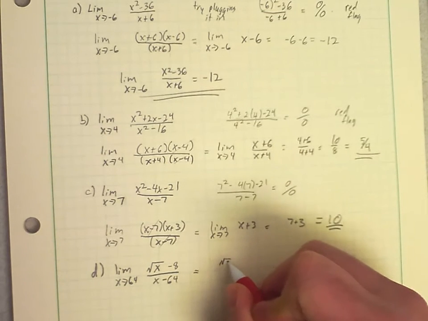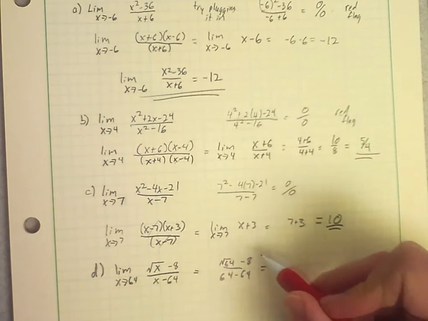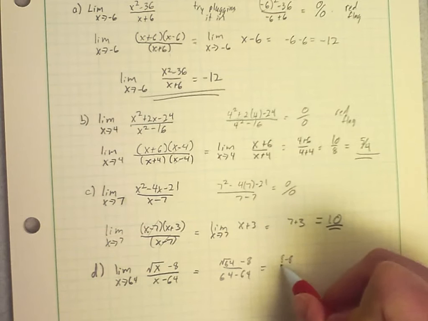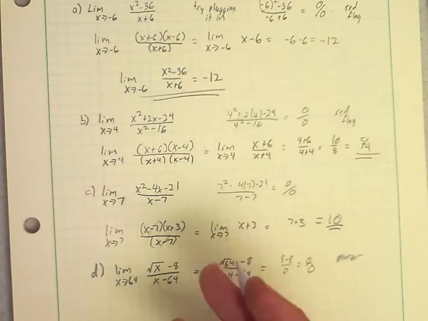We get the square root of 64 minus 8 over 64 minus 64. That's 8 minus 8 over 0, so 0 over 0 again. We have to find a different way to work this.